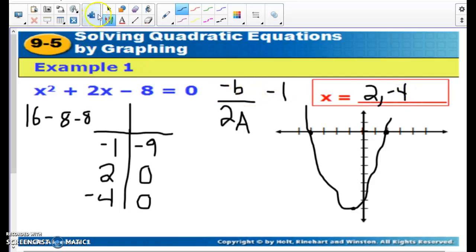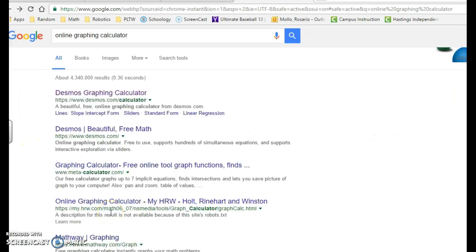You can double check it with a calculator, especially one of those graphing calculators. I would literally just go to Google and type in online graphing calculator. If you type this in, you can pretty much see right away where your zeros are going to be.